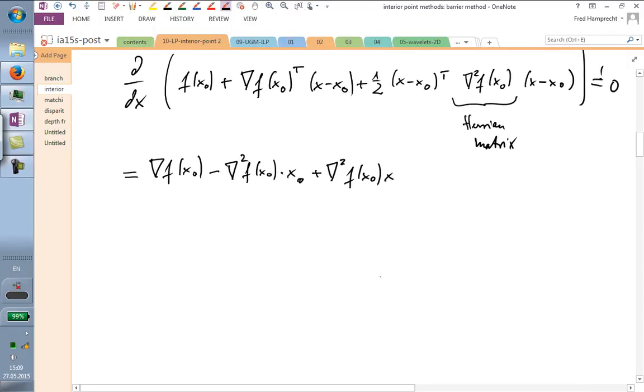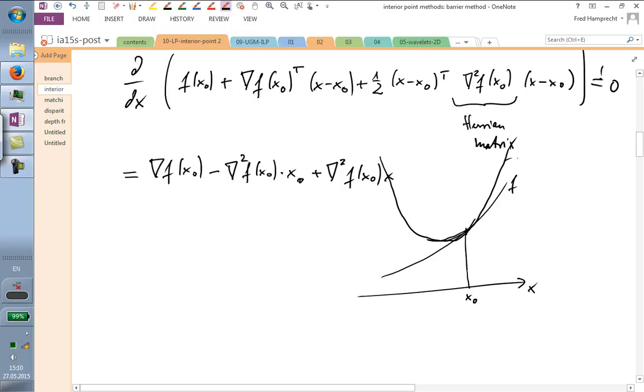So let's say we have some surface here, we have some point x0 around which we want to expand. Then we fit a parabola to this point. Okay, so here's my function f.